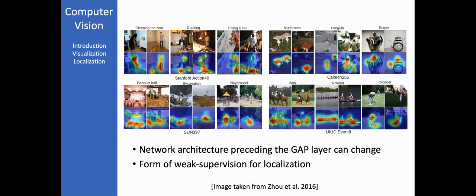These are the ones that I've shown you from the Stanford Action 40 data set, basically identifying the action that's happening in the image. But you can imagine that you can apply the same technique for any type of classification problem, and that's what they did in the paper. Now, the network that comes before the global average pooling can be anything.